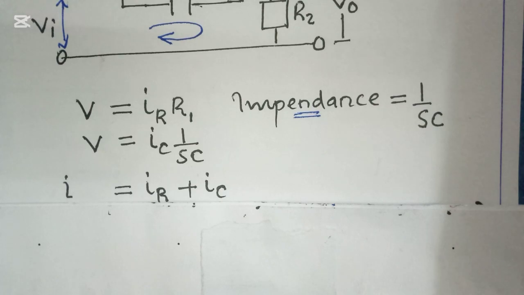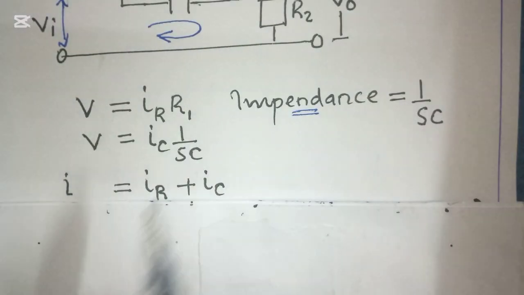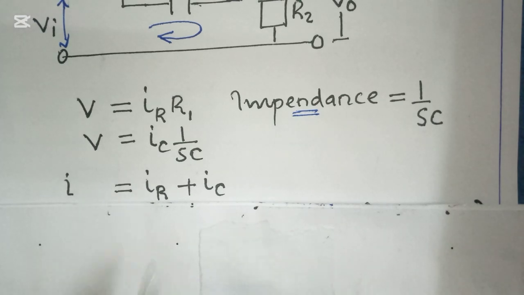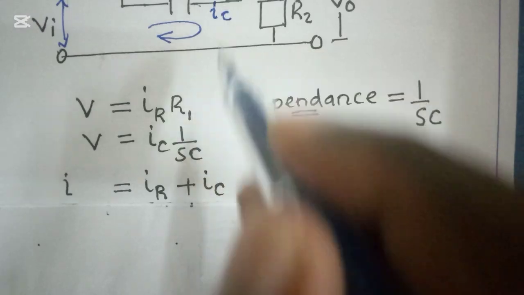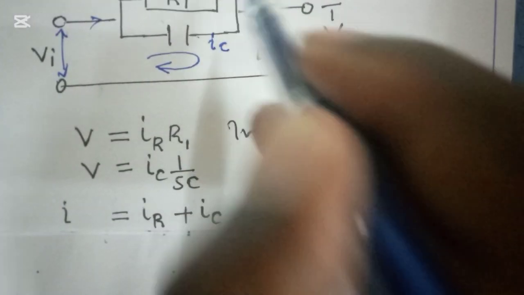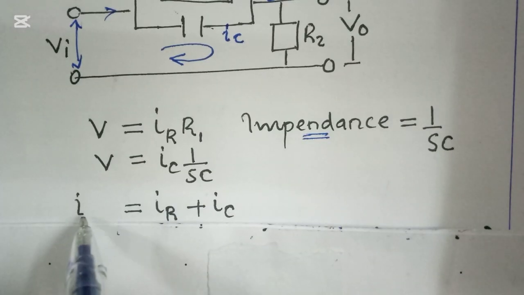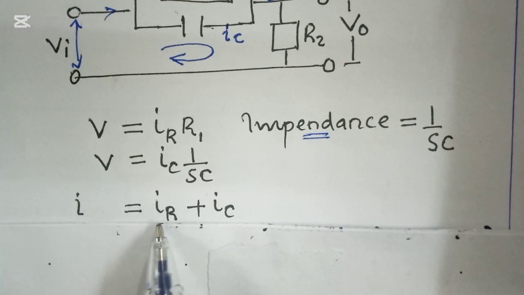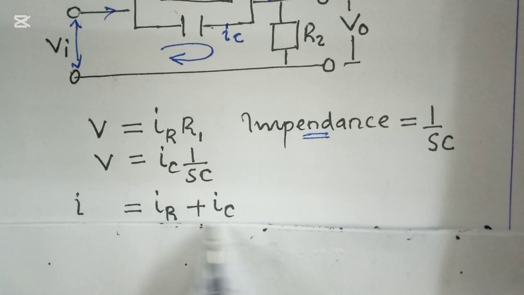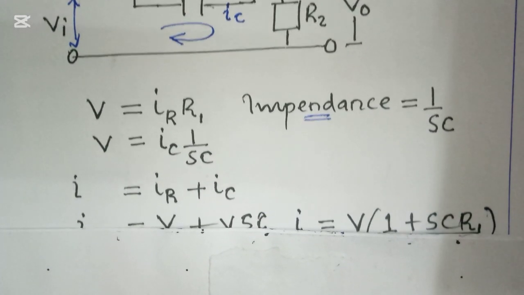For the total current here, we use Kirchhoff's law, whereby we have the I_C here and the I_R here. If you add those two currents, we will have our total current. Now we can write this in terms of the voltage and the impedance.